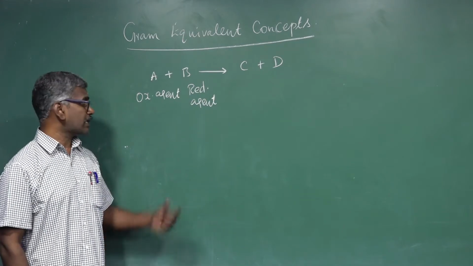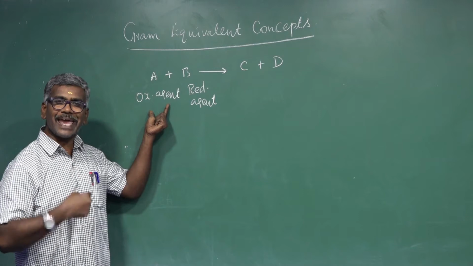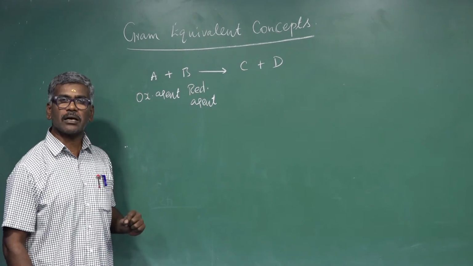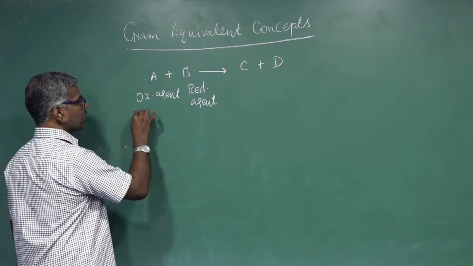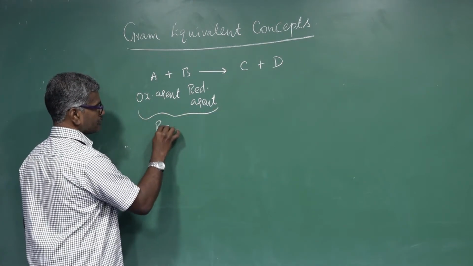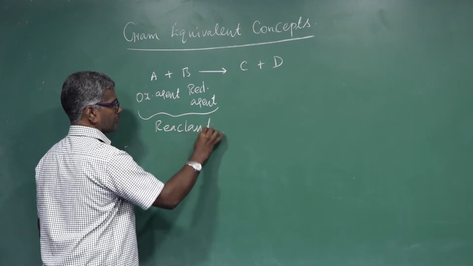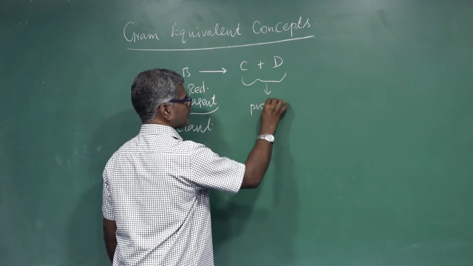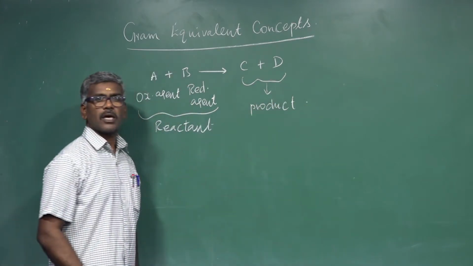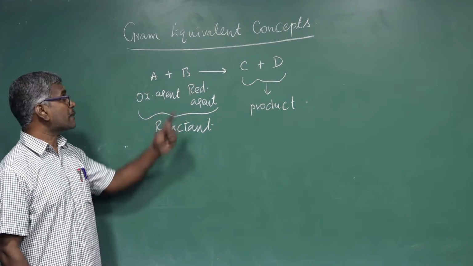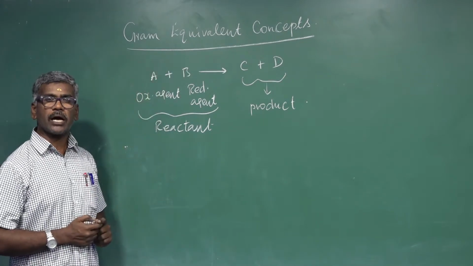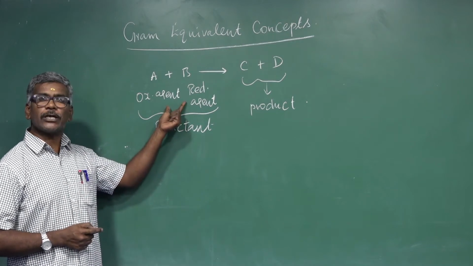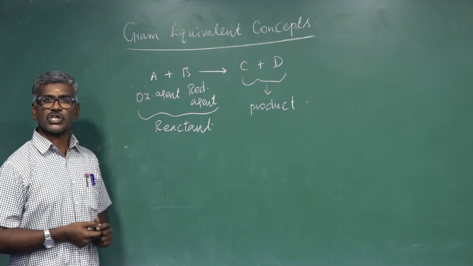Oxidizing agent is nothing but the number of electrons gained by the molecule. Reducing agent is nothing but the number of electrons lost by the molecule. Both are reactants, and these are products. According to the concept of gram equivalent or equivalent mass, there is no need to balance the redox reaction.